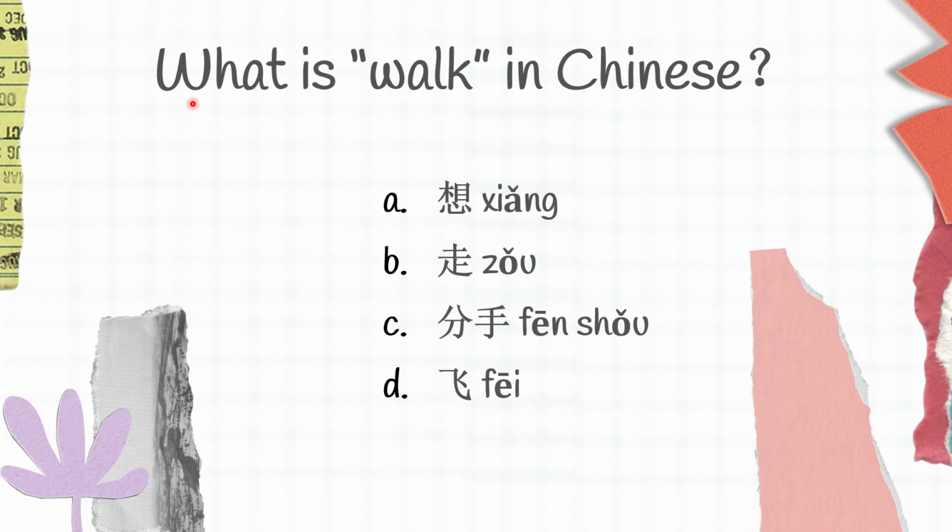The next question here, what is walk in Chinese? We have A, 想, B, 走, C, 分手, and D, 飞.